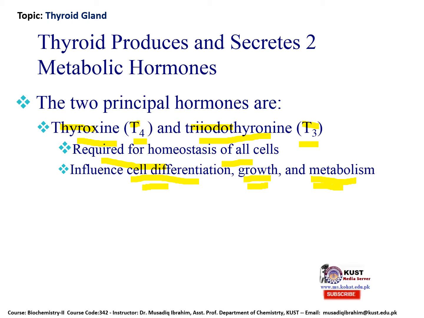Now, triiodothyronine or T3 and tetraiodothyronine or T4 are the two principal hormones of the thyroid gland. Chemically they are iodothyronine hormones, which means that they contain iodine along with the attached amino acid derivatives of the thyroid.